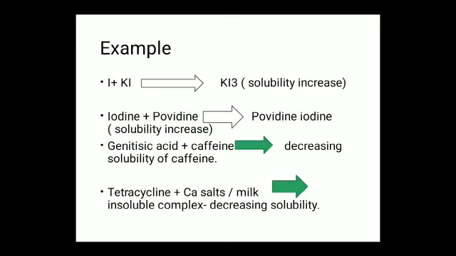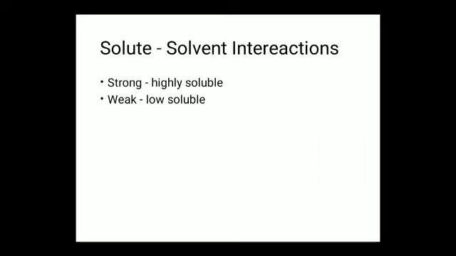The addition of tannic acid to caffeine decreases the solubility of caffeine. Tetracyclines are taken along with calcium salts, magnesium salts, antacids, and milk products. They form insoluble complexes, decreasing their solubility.